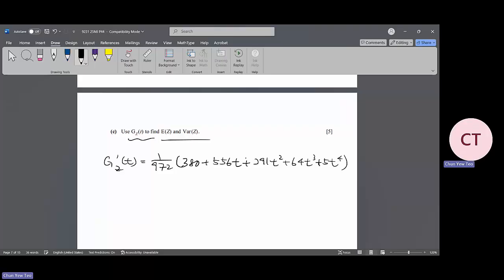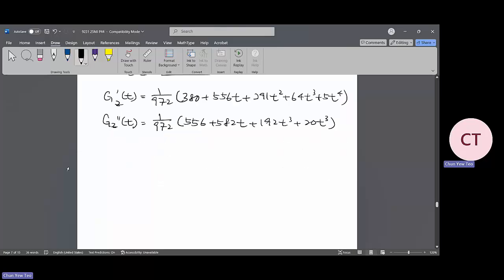That is your first derivative. And I continue to differentiate a second time since I need to find the variance. So the second derivative will be 556 plus 582t plus 192t cubed plus 20t to the power 3.